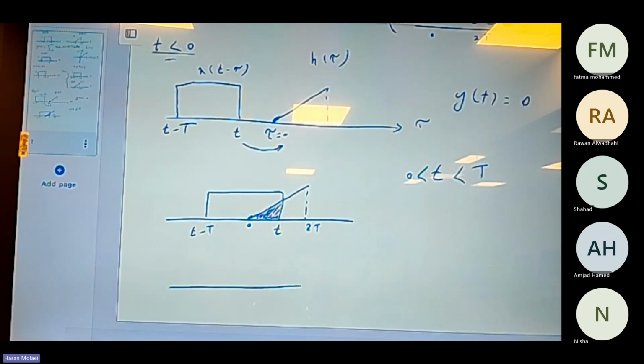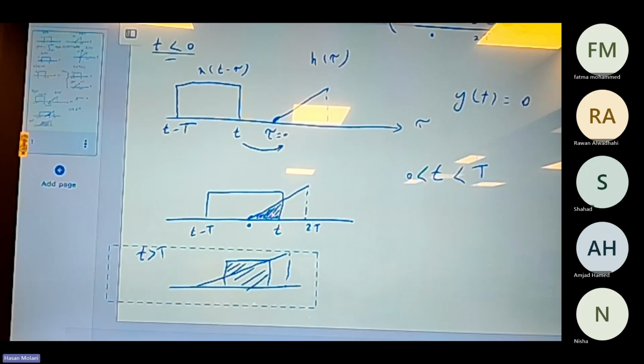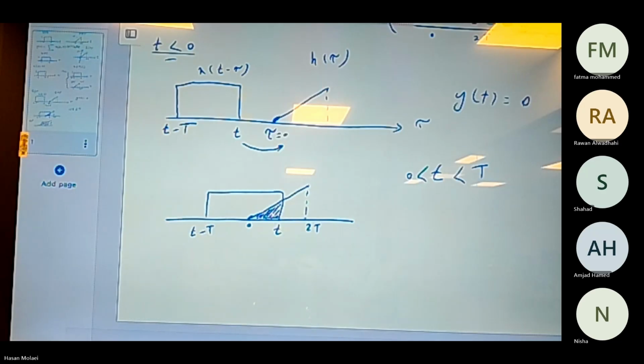If t is bigger than T, what happens? Outside. Yeah, we have all of these inside, which is moving. So right now, just a small part of this square is inside this triangle.